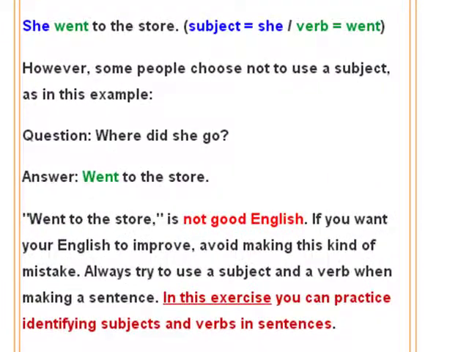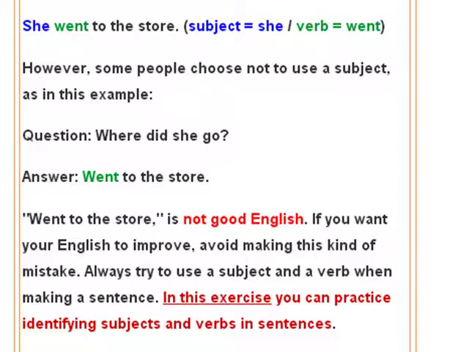But sometimes you can have sentences without a subject. For example, where did she go? Answer, went to the store. Well, that's not good English, and we're going to try to not be fancy or be a native speaker.